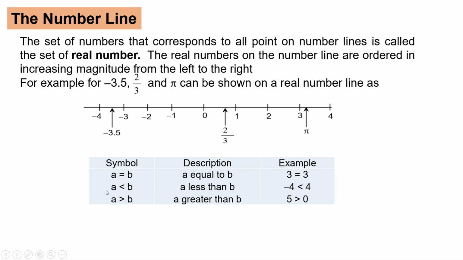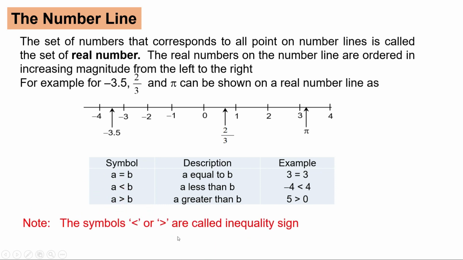And for this symbol, the description is A greater than B. For example, 5 greater than 0. Note, the symbols less than and greater than are called inequality signs.